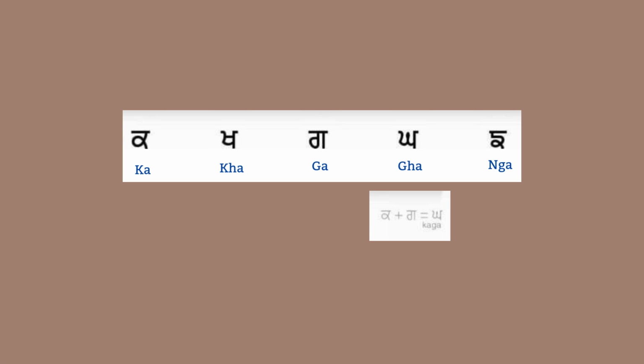Now the fourth alphabet, the name of the alphabet will be a combination of the first and third letter. Therefore, it will be called Ka and Ga together, Kagga. Let's take a look again. First alphabet is Kakka Ka, Khakka Kha, Gagga Ga, Kagga Ka.